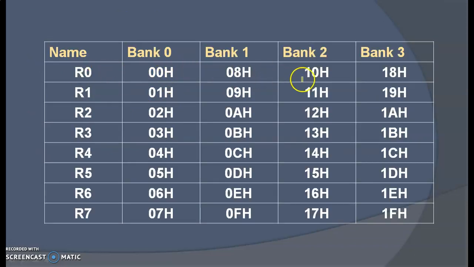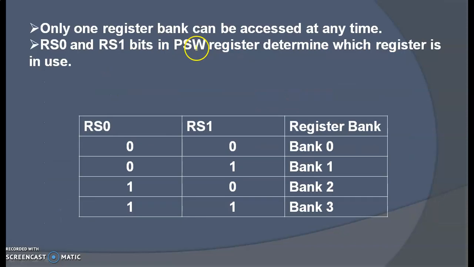So these are the registers of bank 0, bank 1, 2 and 3. And these are the respective memory locations. R0 of bank 0 has the memory location 00. Similarly, the register R0 of bank 1 has the memory location 08H and so on. So these are all the memory locations for the registers R0 to R7 for various banks.